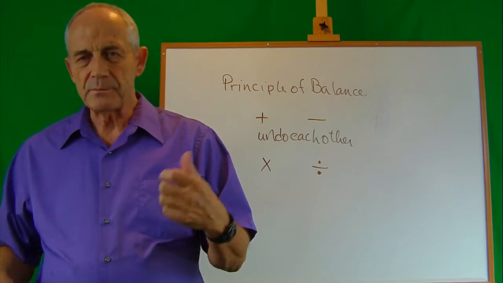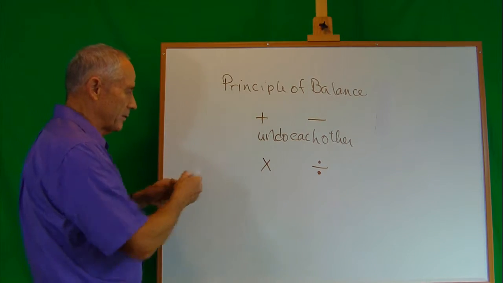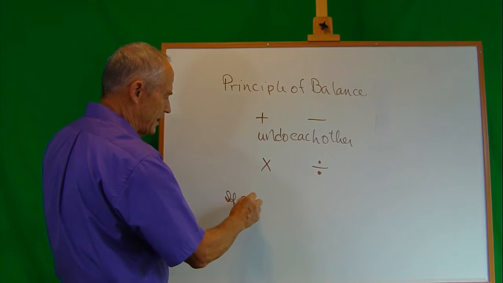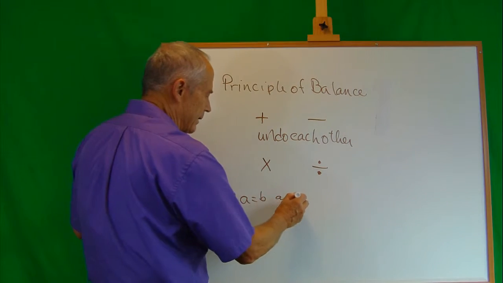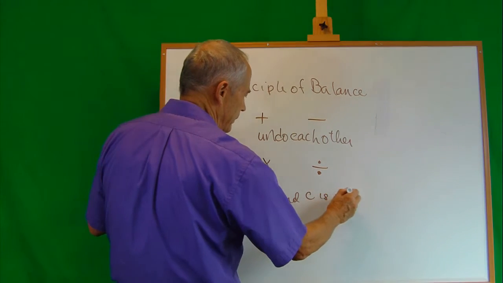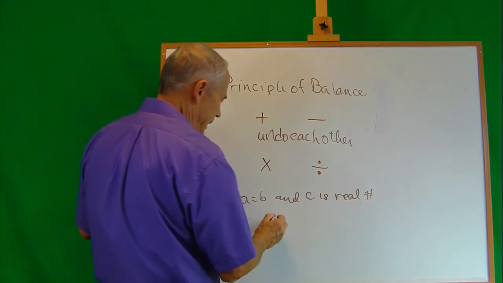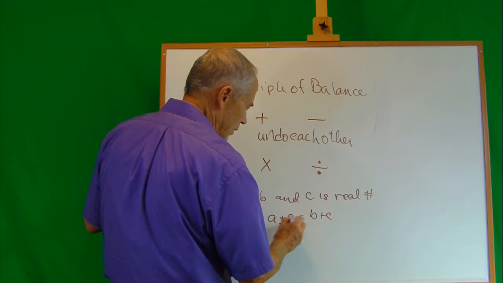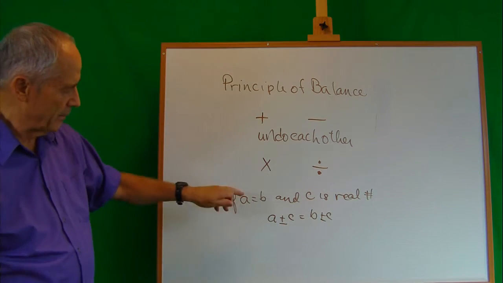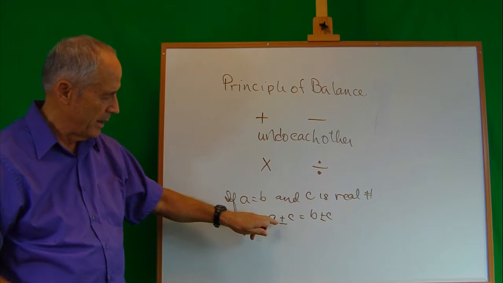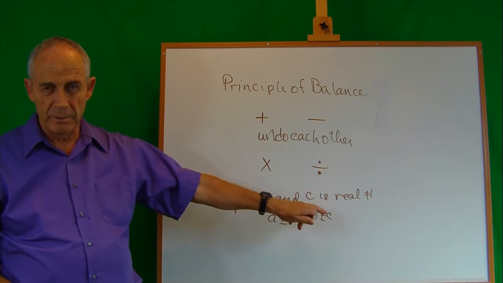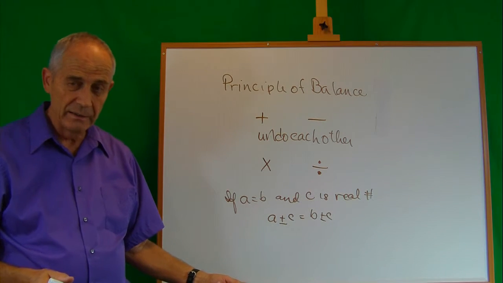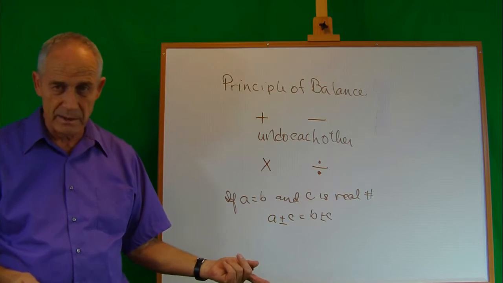The mathematical form of what we talked about before in the principle of balance looks like this. If A is equal to B and C is a real number, then A plus C equals B plus C. The same thing would be true with minus: if A is equal to B and C is some real number, then A plus or minus C equals B plus or minus C. In other words, as long as I add the same thing to each side, it is still equal, or if I subtract the same thing.